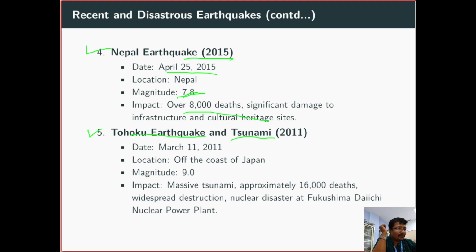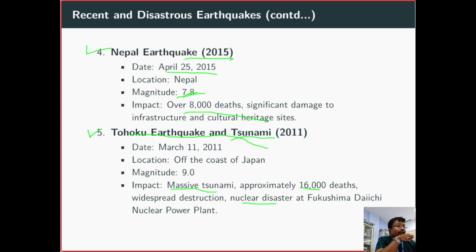Now, why do they call this the Tohoku earthquake and tsunami? Where is Tohoku? Japan, yeah. So this Tohoku earthquake happened in 2011, and as a secondary damage, it caused a tsunami over there, right? This massive tsunami took almost 16,000 lives.